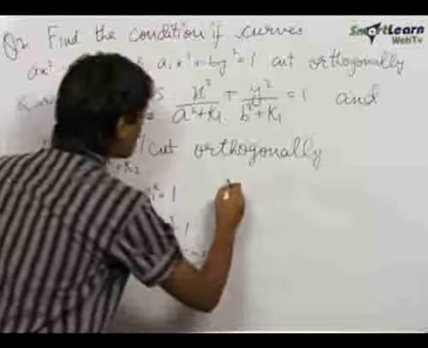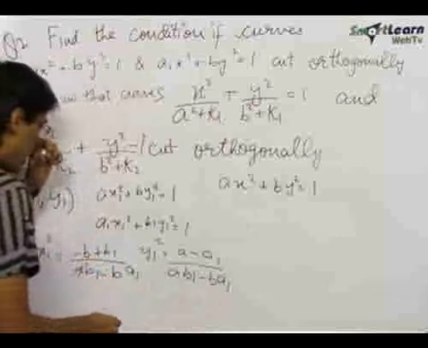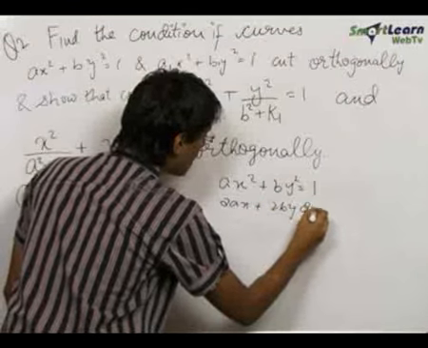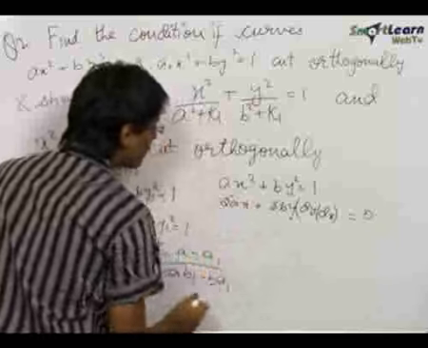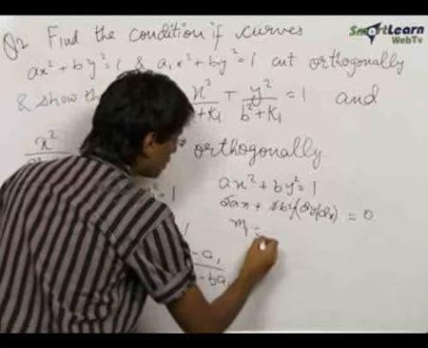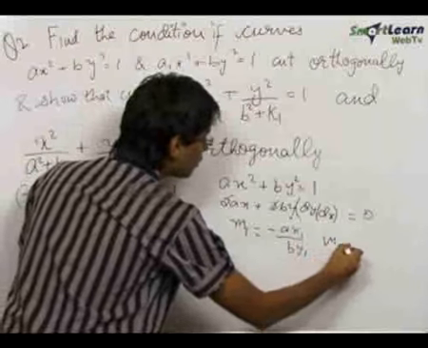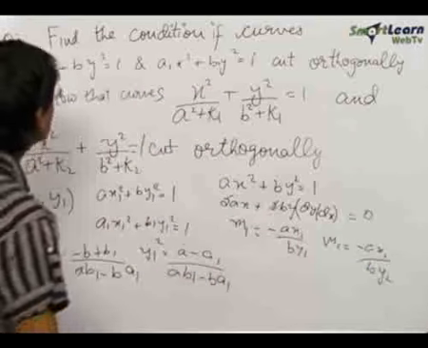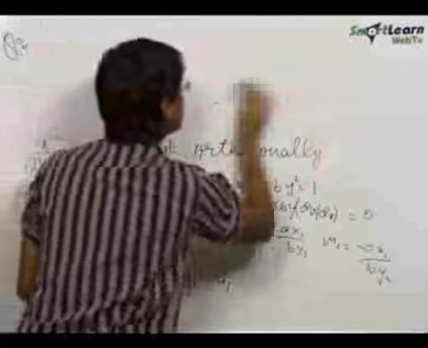Now we have the curve ax² + by² = 1. Differentiating this curve to get the slope of tangent, we have 2ax + 2by dy/dx = 0. Hence, at the point (x1, y1), the slope of the first tangent is equal to −ax1/by1, and for the second it is equal to −a1x1/b1y1. And we know that m1 m2 is equal to −1, since we need to find the condition if the two curves are cutting orthogonally.